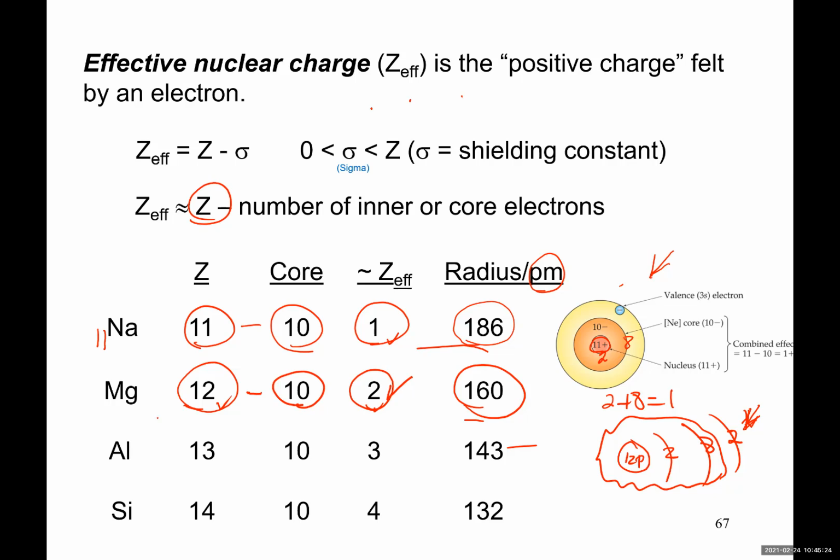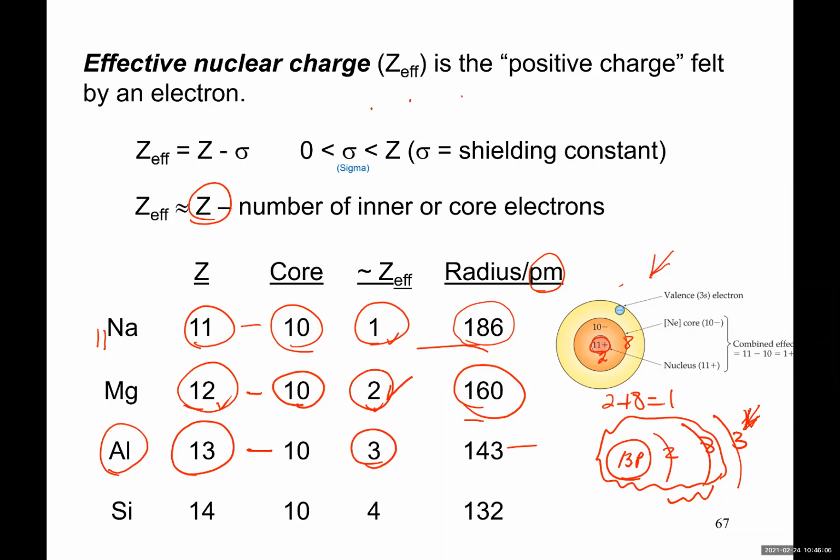By the same token, if I look at aluminum, which has 13 electrons, in the case of Al, I can say 13 protons here. 2 of them on the first shell, 8 on the second shell, then you have 3 electrons in the outer shell. So can I say the effective nuclear charge is all the charges minus the 10 inner shell electrons, 3? The effective charge is the charge of 3 protons.